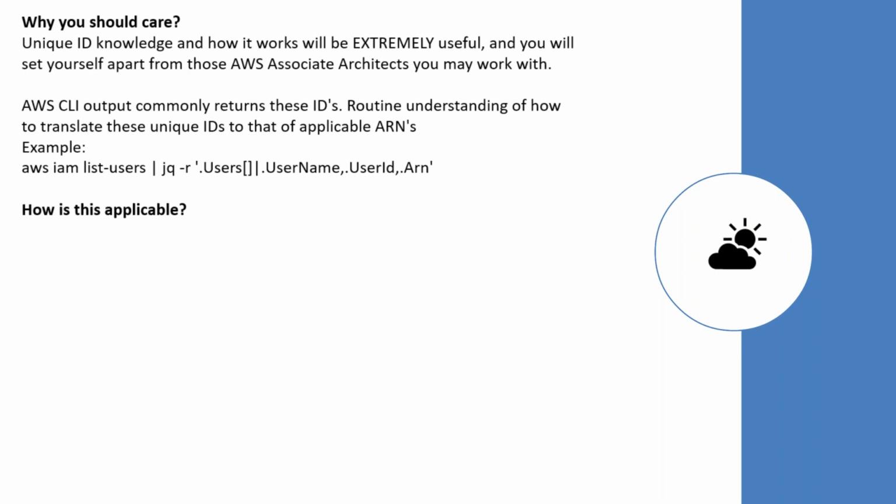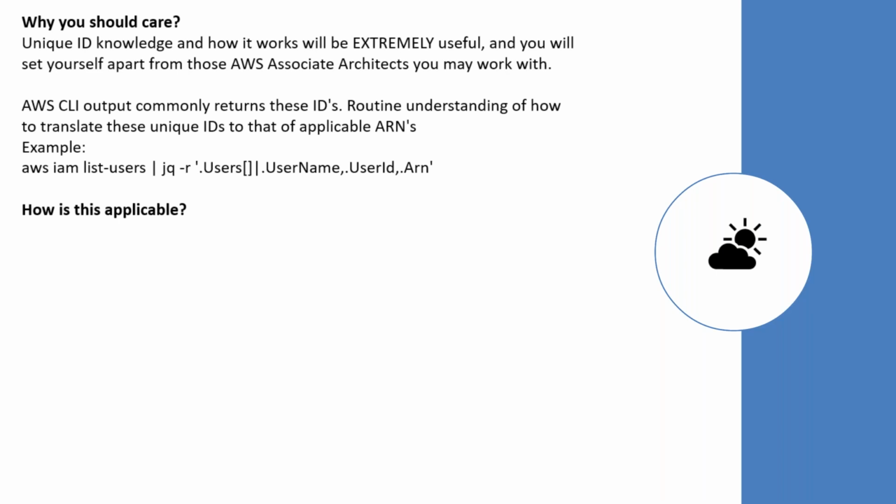This is something you could practice on your own to get that JQ syntax just right. With the aws iam list-users, the following JQ statement after the pipe will segment out those users, their username, the user ID, and the ARN, which is specific to your account, right? But if that hash value doesn't exist in your account, you would never get a match.